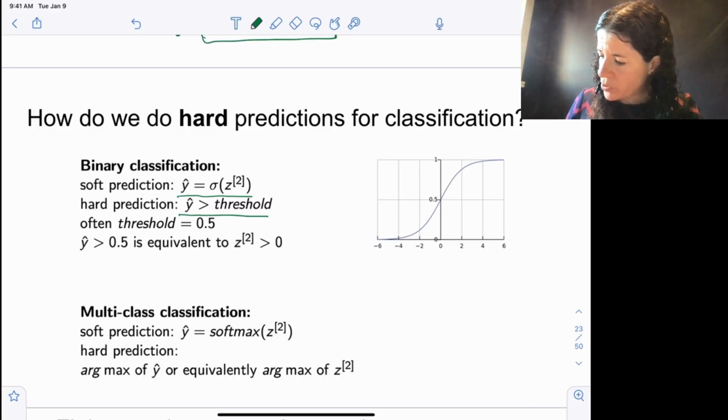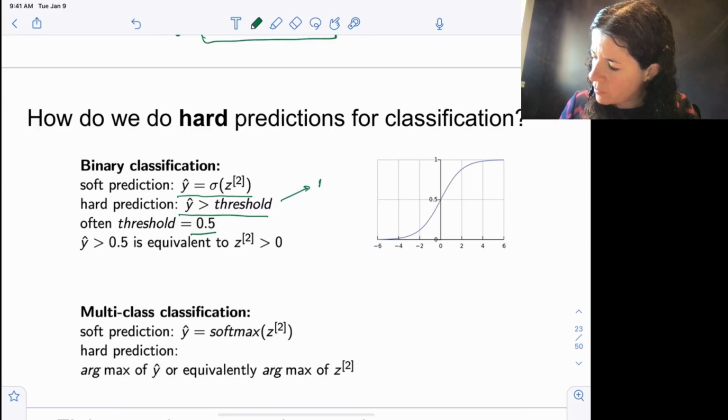The threshold tends to be 0.5 sometimes. So basically if this is bigger than the threshold, it's 1, and it's 0 otherwise.